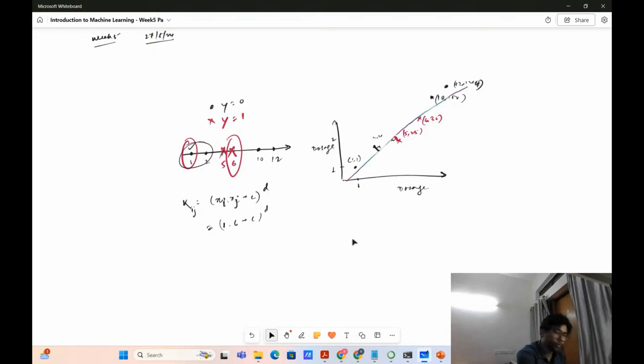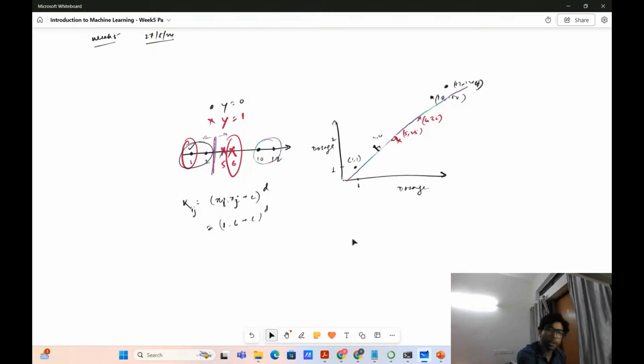Using this data, you have no way to classify clearly. Earlier, we used to draw a line and say that whatever is on the left of the line is y equals 0, and whatever is on the right is y equals 1. But now you have two additional points, 10 and 12, which also have y equals 0. So you cannot do this line thing, right? So what you do is project your data into a higher dimension, two dimensions.